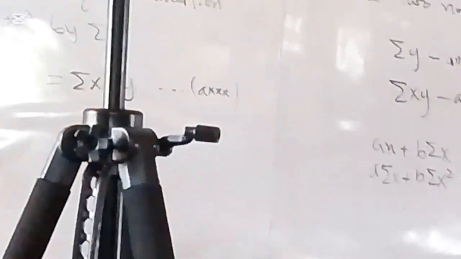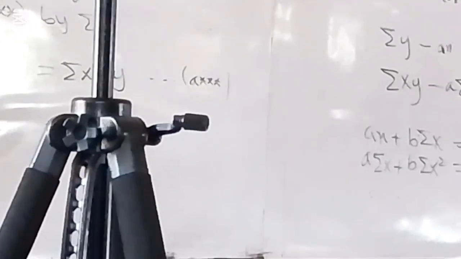If we multiply the second one, B star star, by n, what do we have?